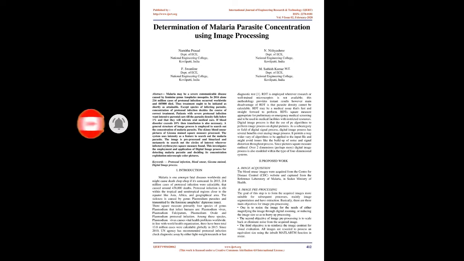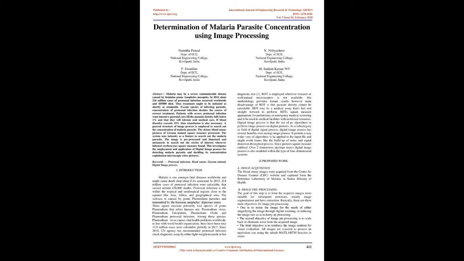Introduction. Malaria is one among the fatal diseases worldwide and can cause death if it is untreated. In 2015, 214 million cases of malaria were estimated, which caused around 438,000 deaths.